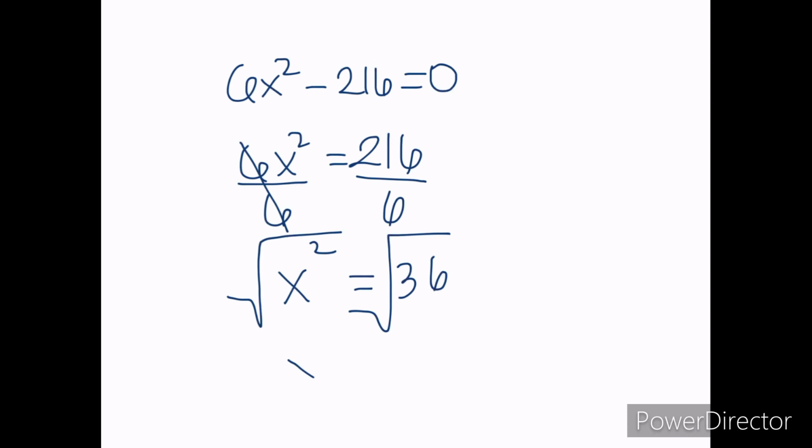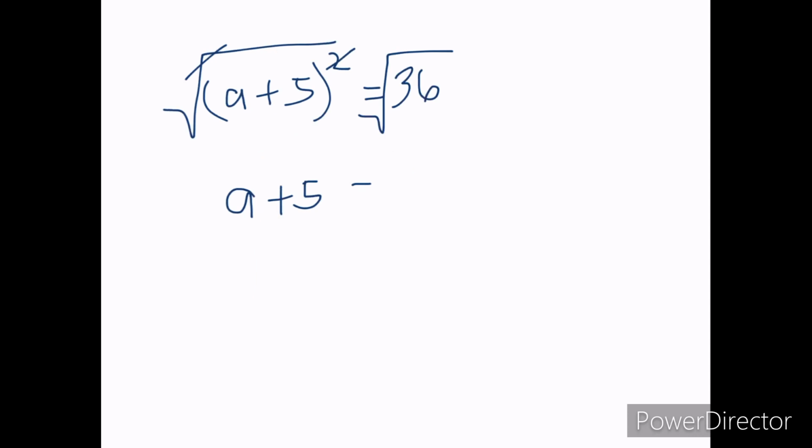So the square root of the square of a plus 5 cancels, it's still a plus 5, is equal to the square root of 36, which is positive negative 6.